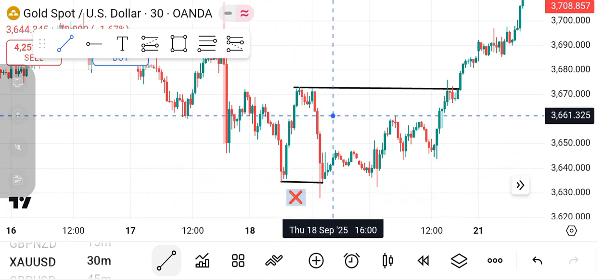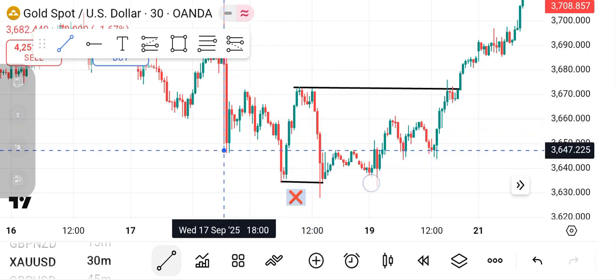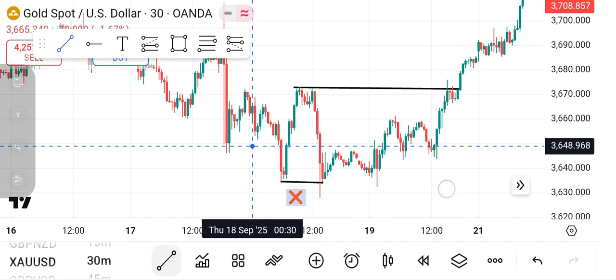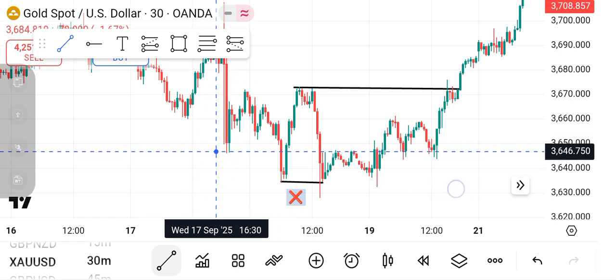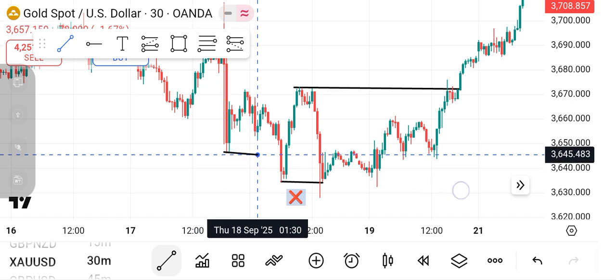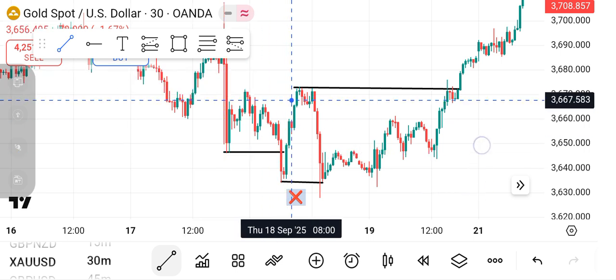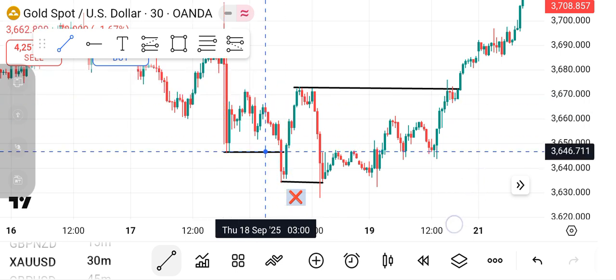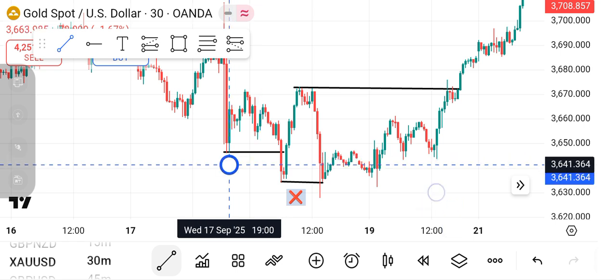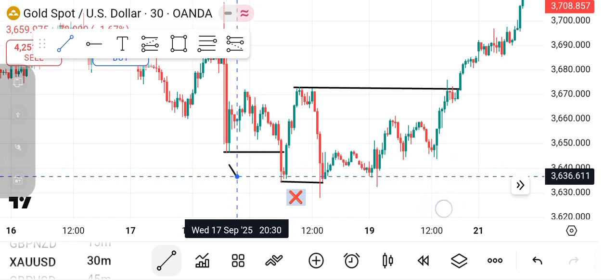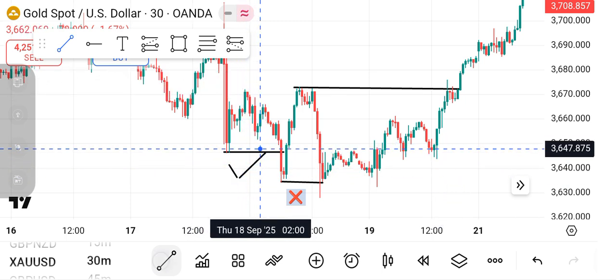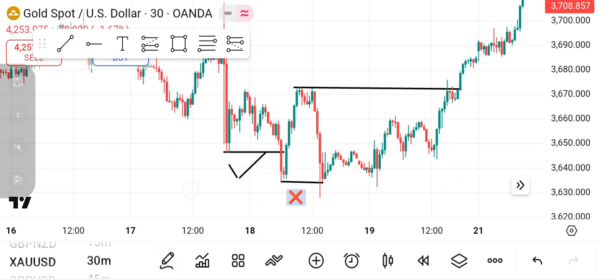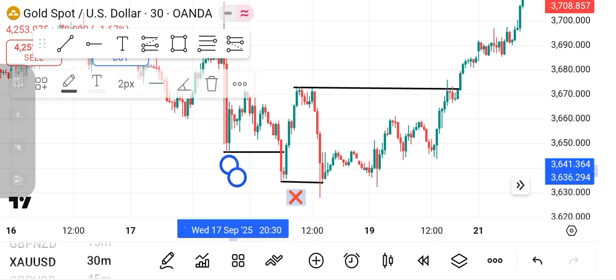All right. Now, how do you identify a valid break of structure? A break of structure is valid when a candle body breaks the low. Now, this is a valid break of structure.